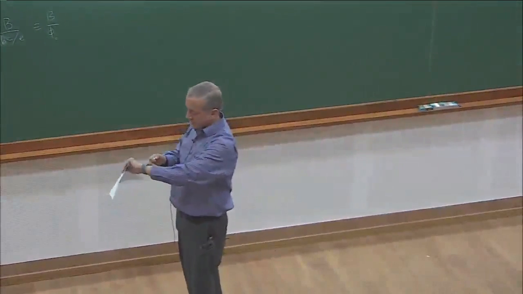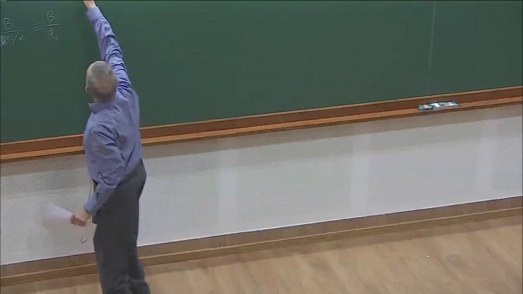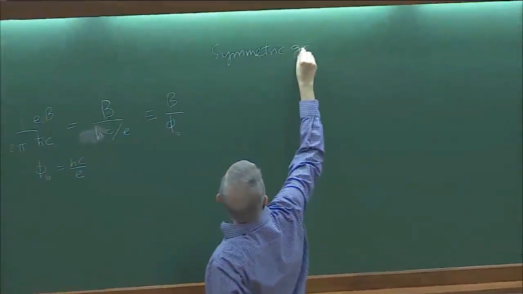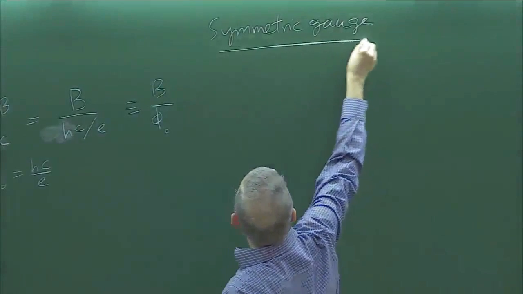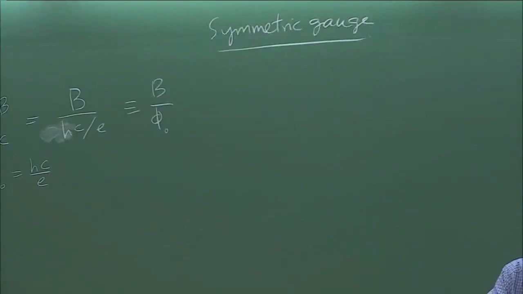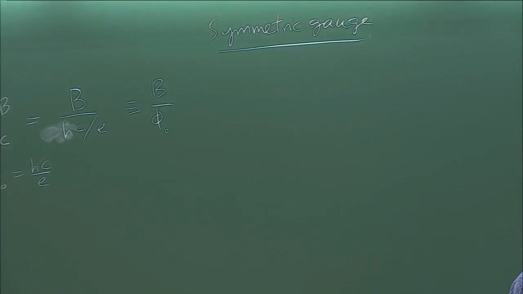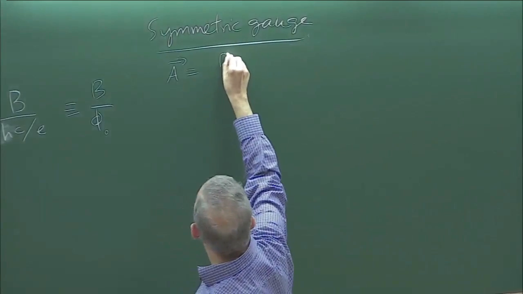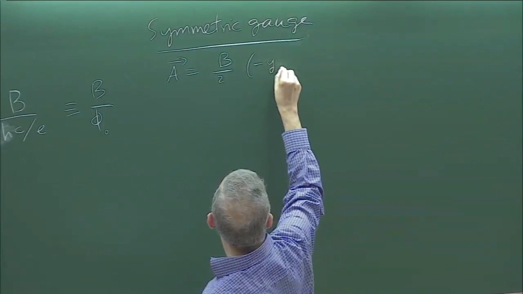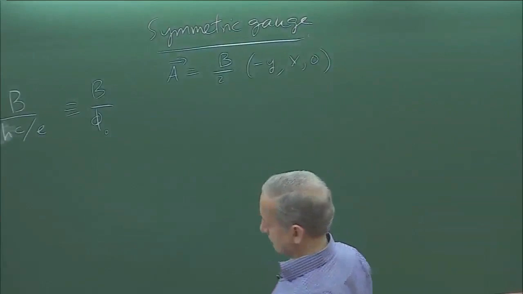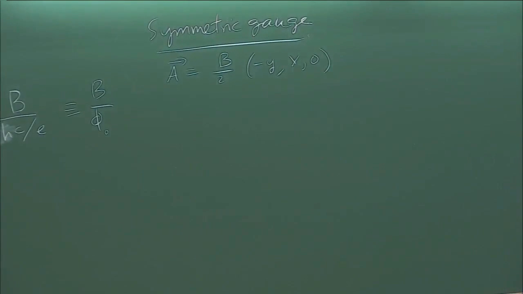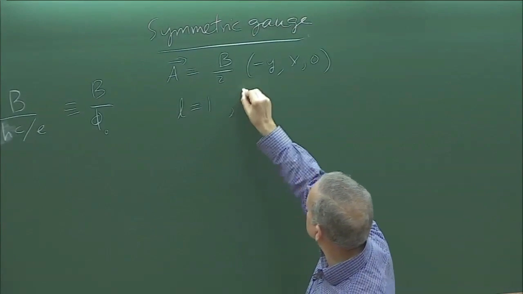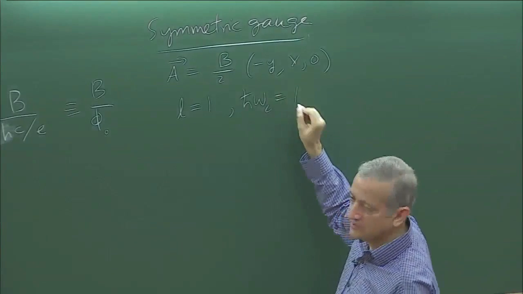Okay, let's quickly do this symmetric gauge. So here I am going to simplify my life by setting l equals 1 and h bar omega c equal to 1.